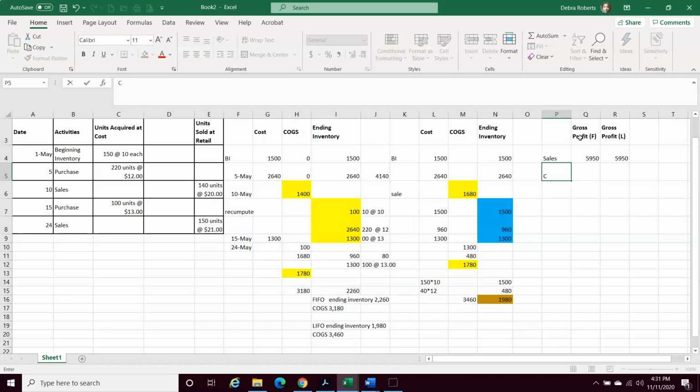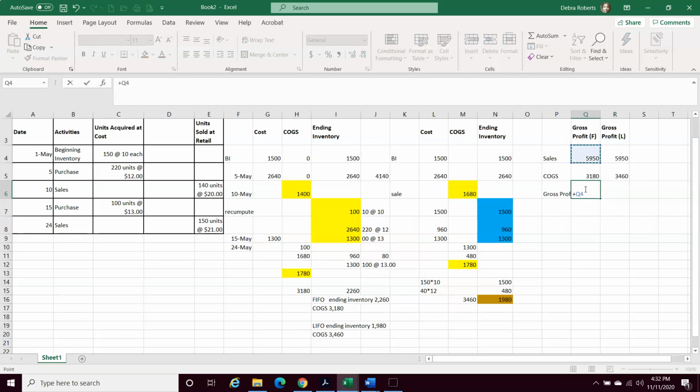What becomes different is our COGS. And then it comes with our gross profit. All right. So our COGS for FIFO, if we've calculated it, is going to be $3,180. And our cost of goods sold for LIFO is going to be $3,460.